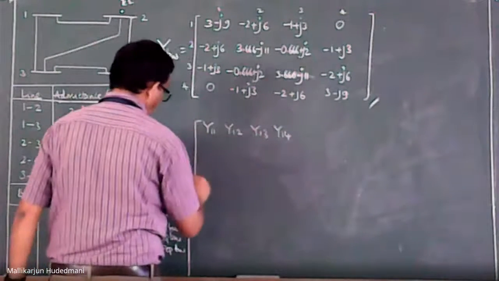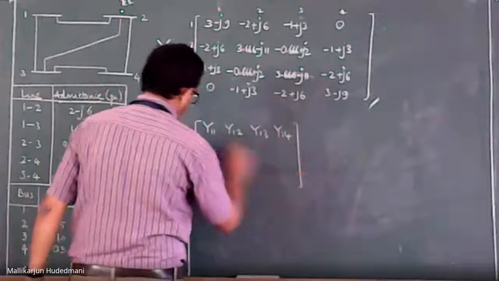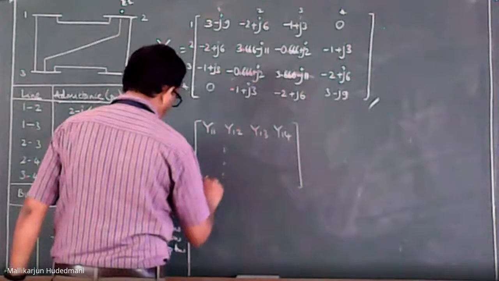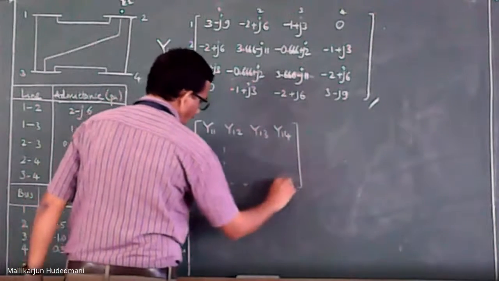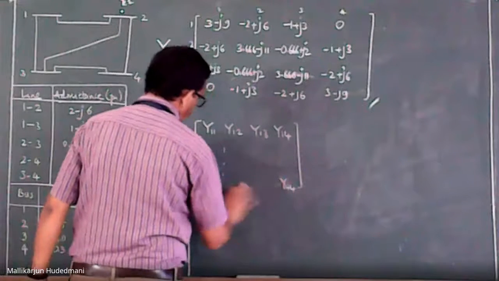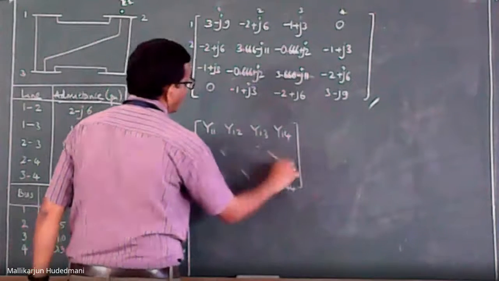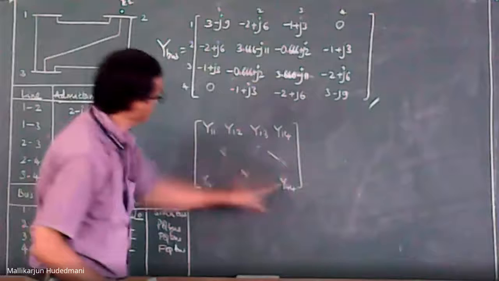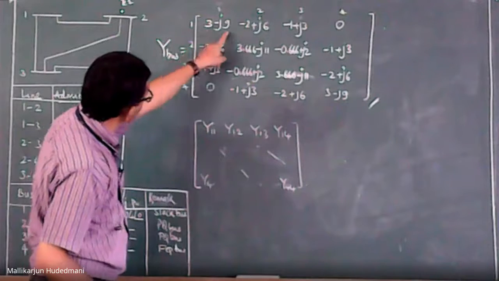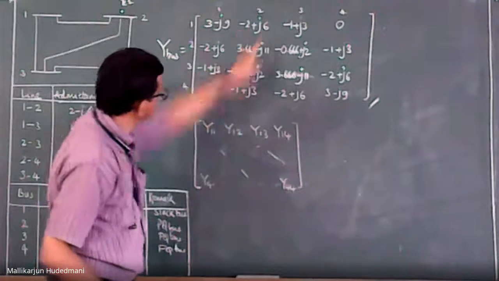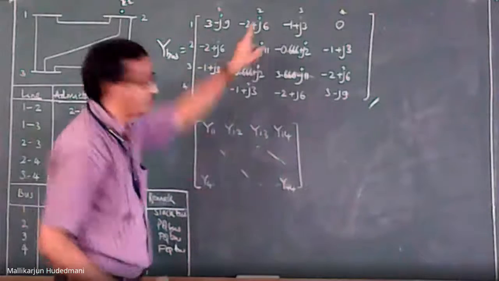So-called elemental representation. So-called I have Y41 to Y44. So you can see here. So these are the elemental representation. Physically Y11, 3 minus J9. Y12, minus 2 plus J6. From this position, nothing but this position.